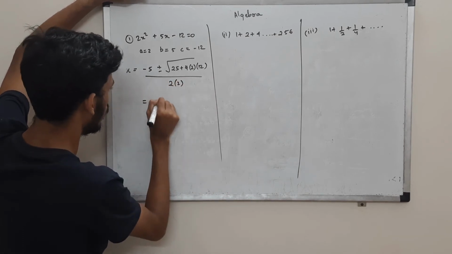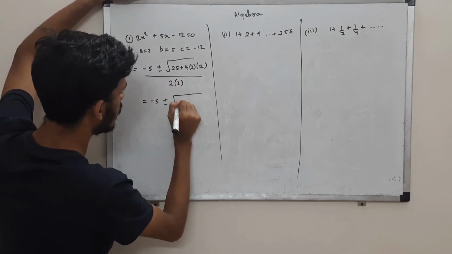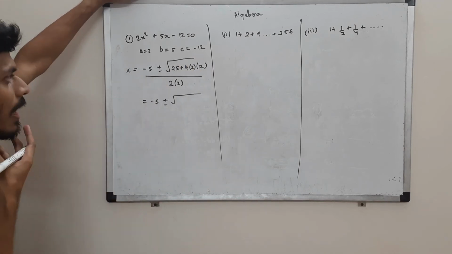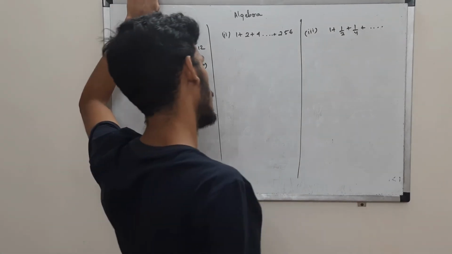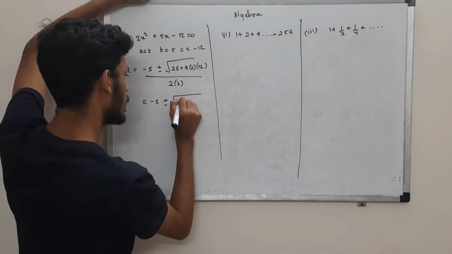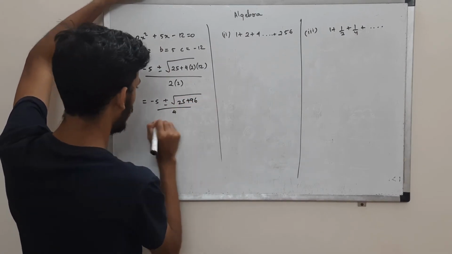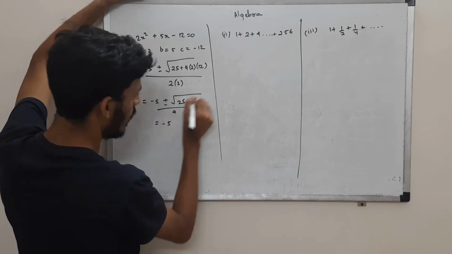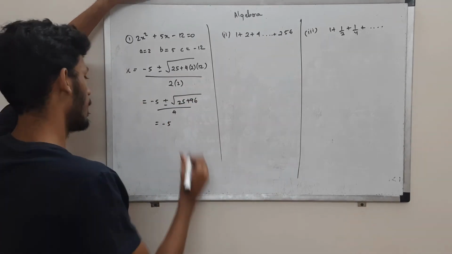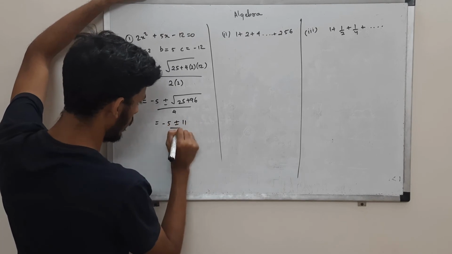So 4 into 2 is 8, and 8 into 12 is 96. So 25 plus 96 is 121, and the root of 121 is 11. So this is minus 5 plus or minus 11 divided by 4.